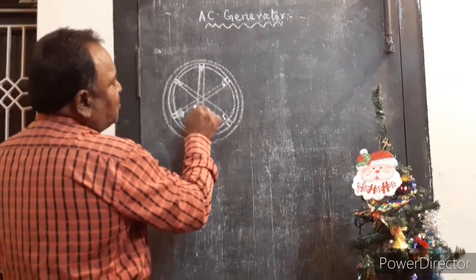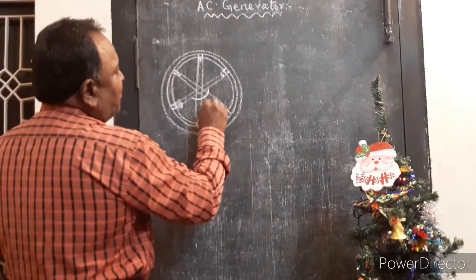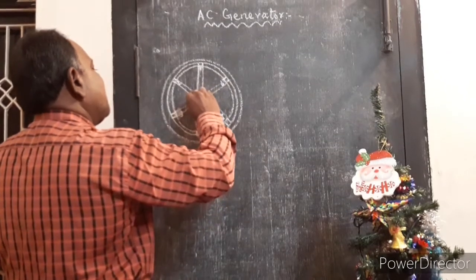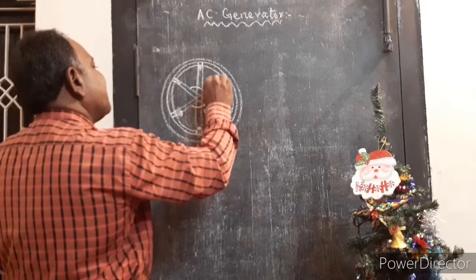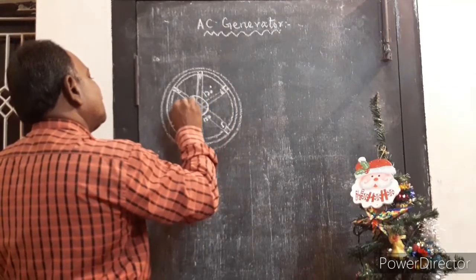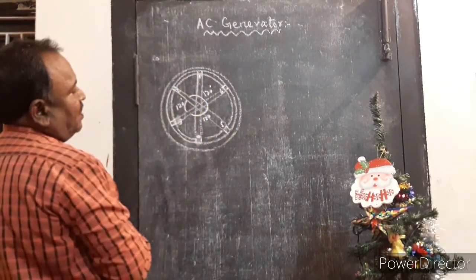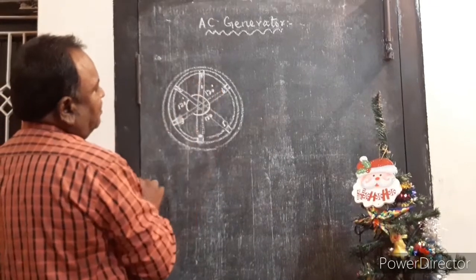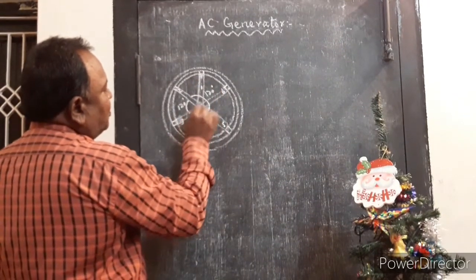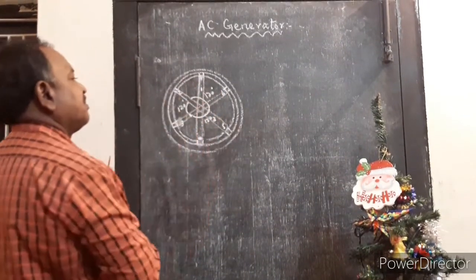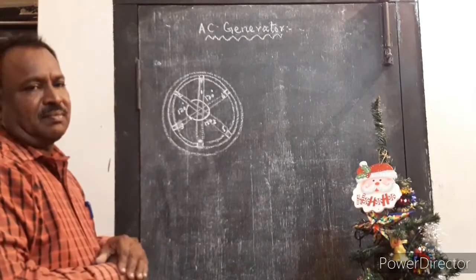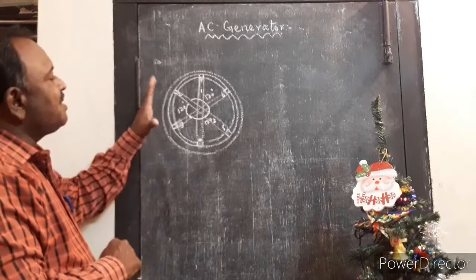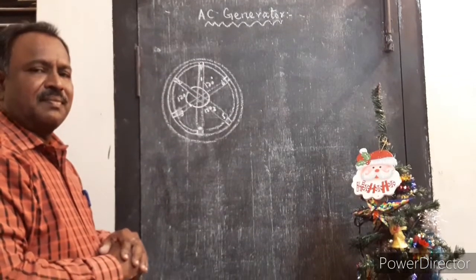So, each coil differ from each other by an angle of 120 degree. This is coil 1, this is coil 2, and this is coil 3. So, this is the construction of stator. It will have 3 separate coils.